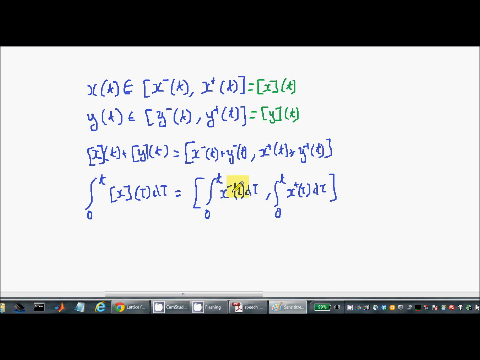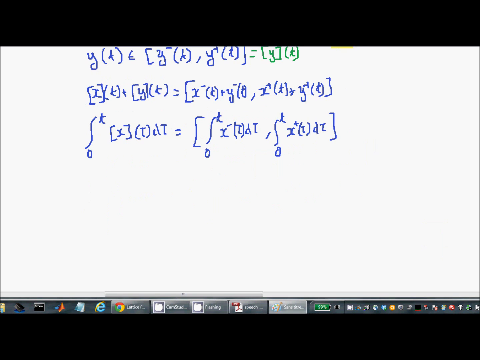Okay, so the semantic is the following. If I have x of t which belongs to the tube x of t, then if I take this definition, I will have the integral between 0 and t of x of tau d tau belongs to the integral between 0 and t of the tube x of tau d tau.